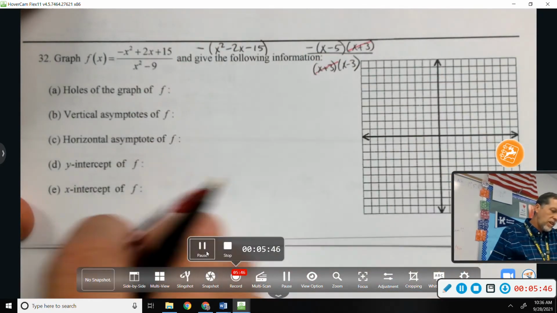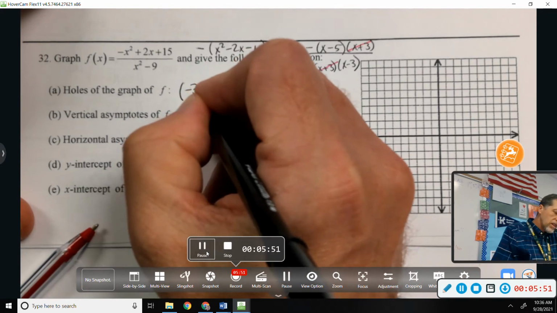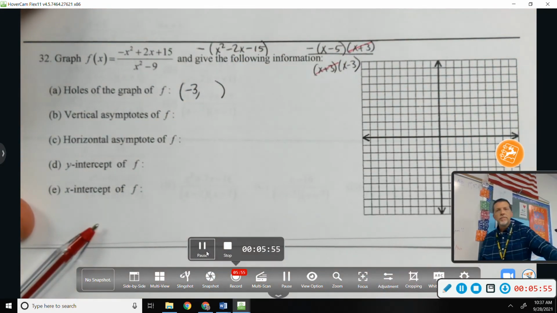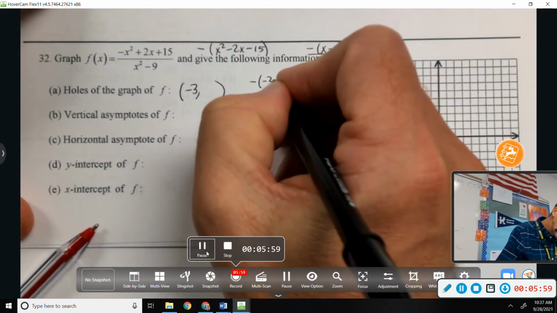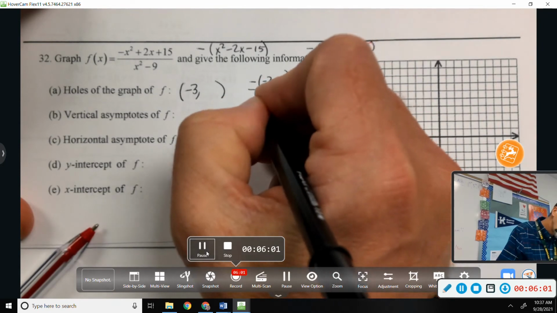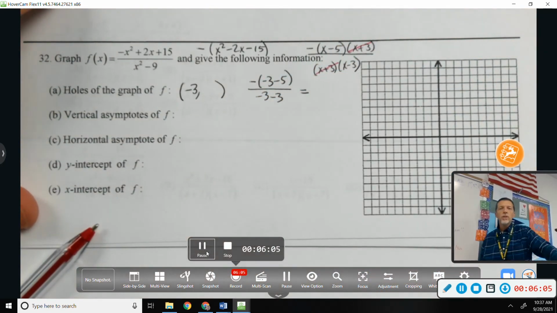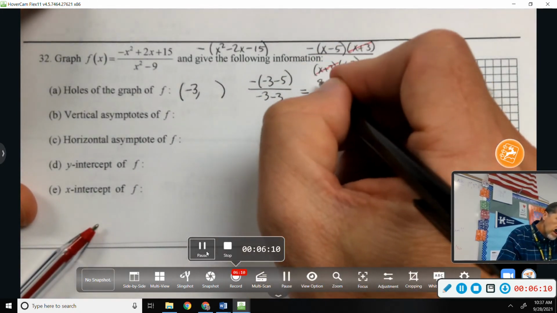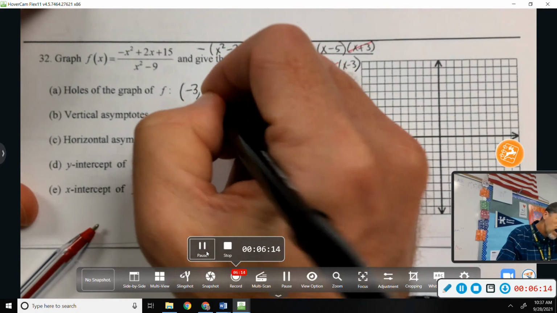So, yes. What's the x-coordinate of the hole? -3. How do I find the y-coordinate of the hole? Plug it into what's left. So -3 minus 5 over -3 minus 3. It's a lot of negative signs to keep up with. 8 over -6, -4/3.